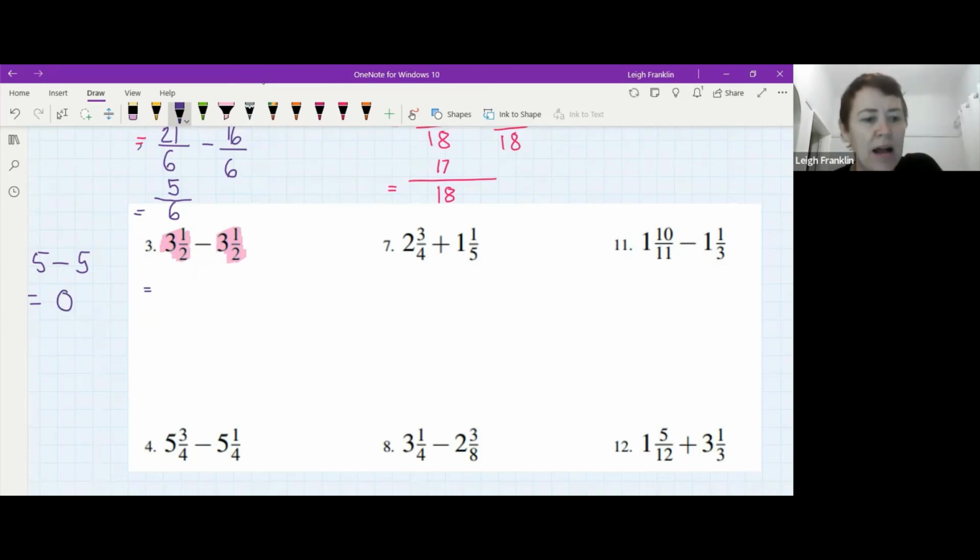And if I say a quarter minus a quarter, what am I going to get? If I'm subtracting the quarter from itself, then surely I'm going to end up with 0 as well.